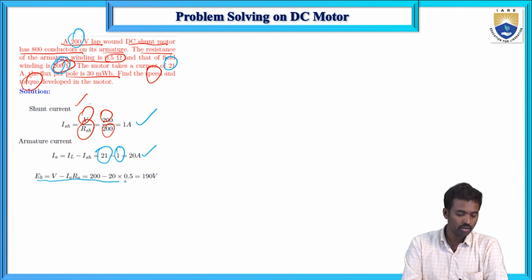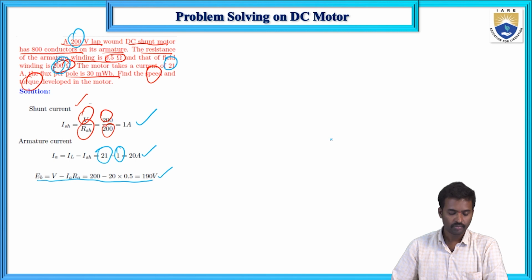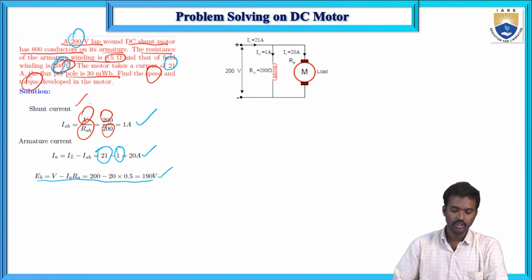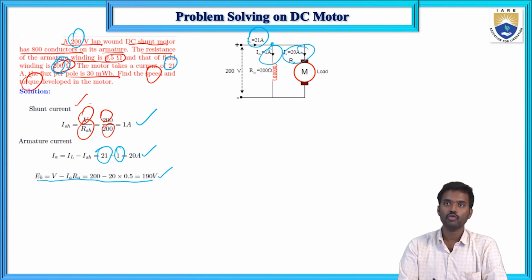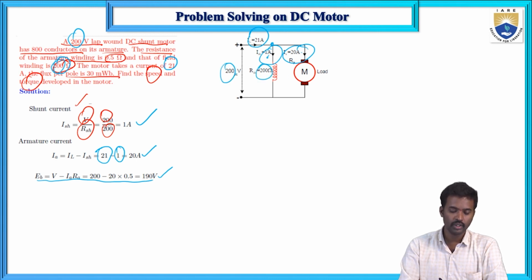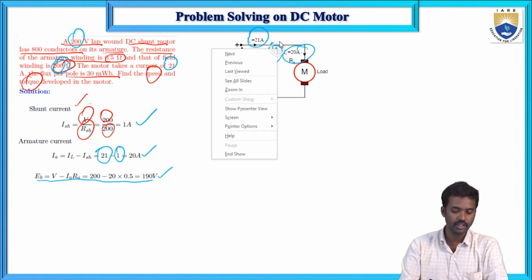And next EB equals V minus IA RA, 200 minus 20 into 0.5, that equals 190 volts. If you apply KCL at this node, here is the 20 amperes, 20 plus 1 equals 21. And this 200 volts by 200 is 1 ampere here.